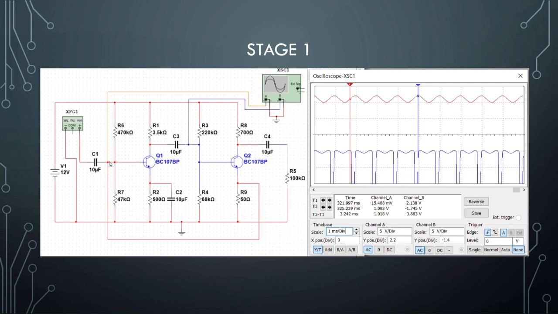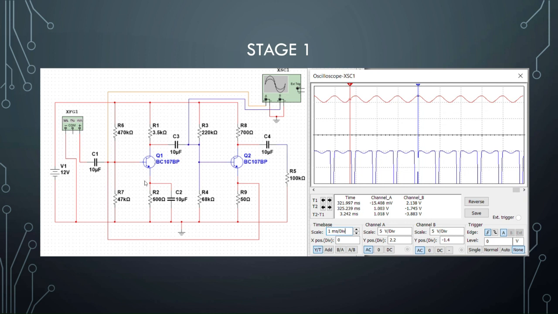So the current flows through this circuit, resulting in the signal. For my circuit, channel A, the input is 1 volt and the output at channel B is negative 3.8 volt.